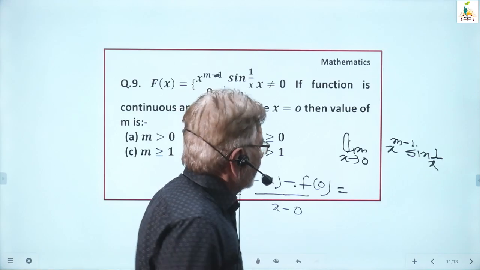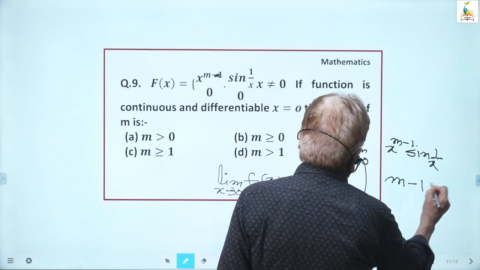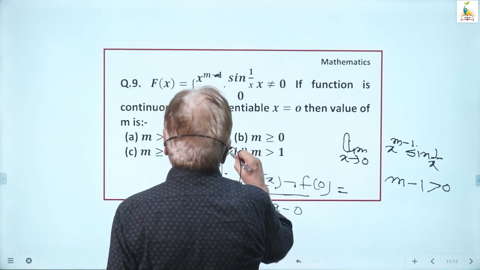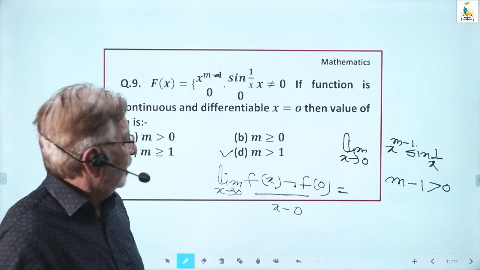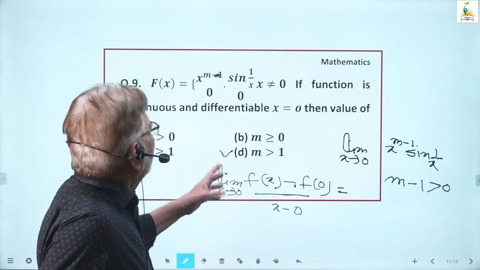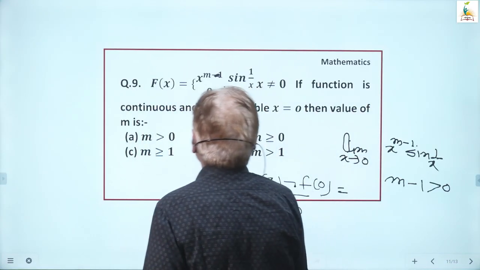So m minus 1 should be greater than 0. So the answer is m is greater than 1. So for m greater than 1 it is differentiable, and when it is differentiable, it will be continuous.